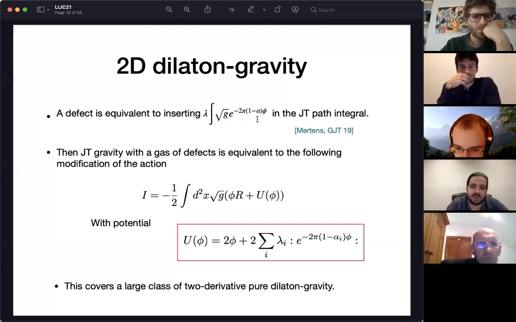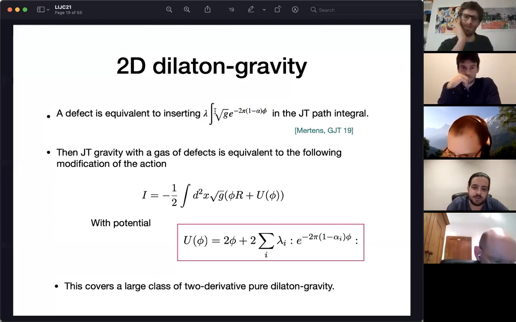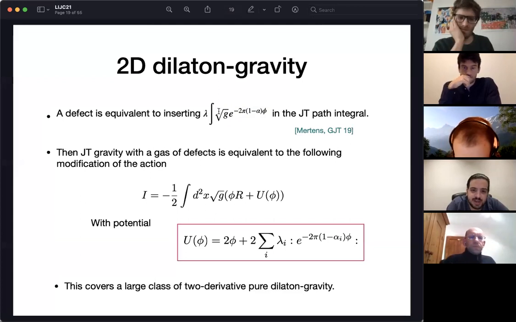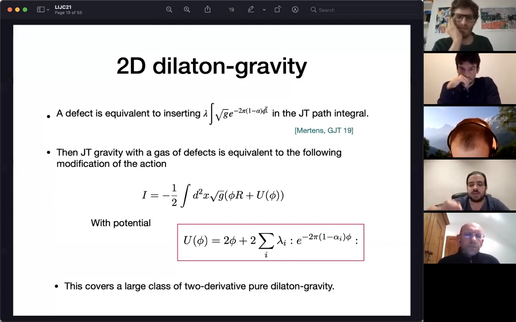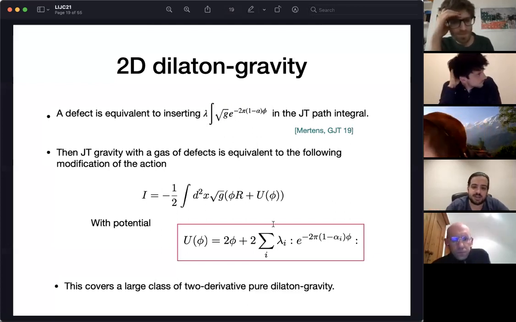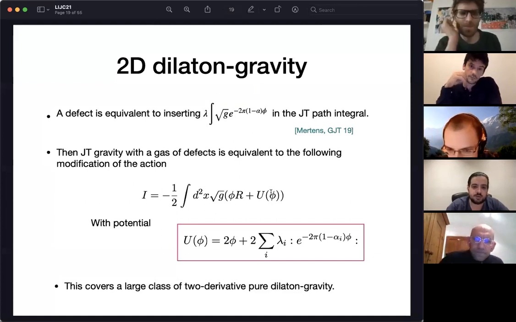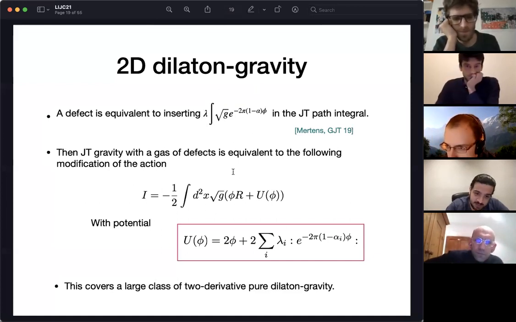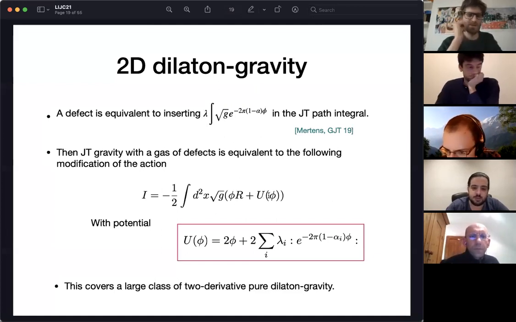And if I sum over any number of defects, then the effect is to just exponentiate this. Here I have an integral over the position. What this integral means is that I integrate over all the possible positions of the defects, and I sum over the number of them. Then this gets exponentiated, and the net effect is to replace JT gravity by this general pure 2D gravity theory with phi R plus U of phi.